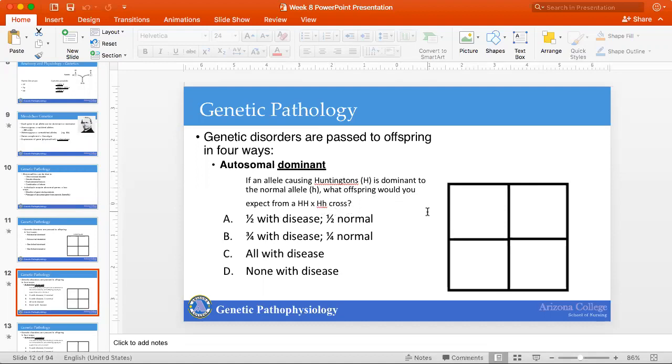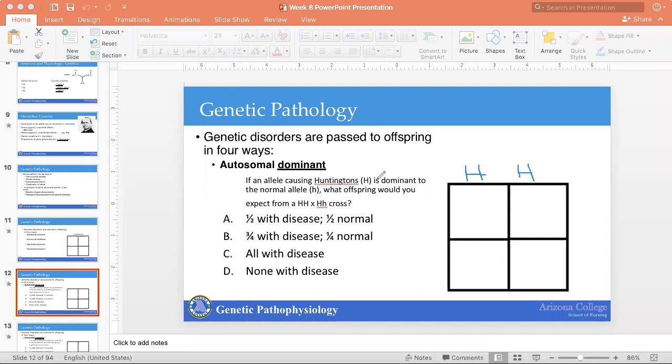So if you're looking at this Punnett square, what you want to do, and it doesn't matter which one you start on, so let's say we put the capital H here, and then another capital H here.